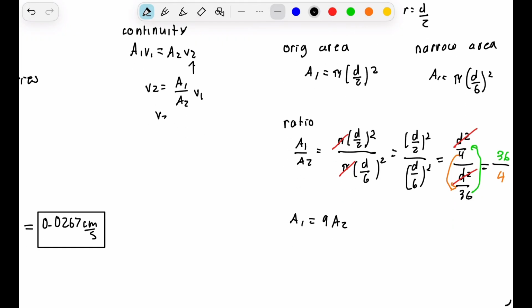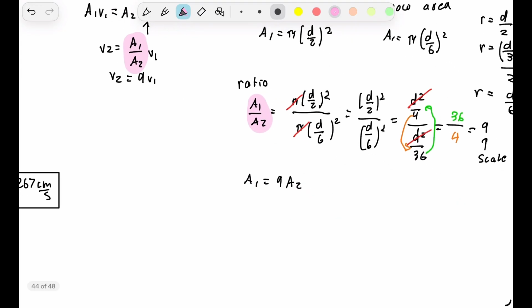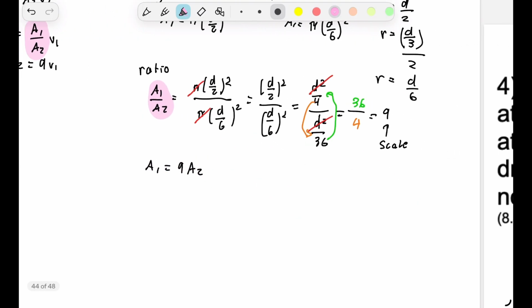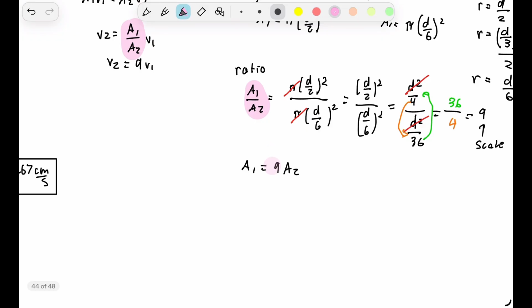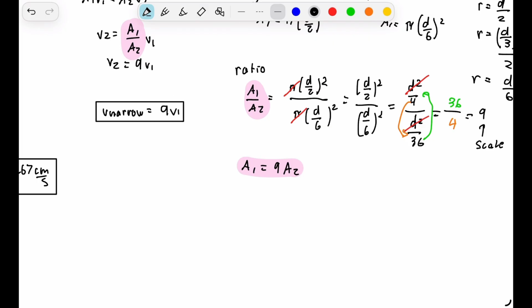A1 over A2 is a ratio that we just solved for here, and we know that it is 9. So v2 is equal to 9 v1. So v narrow, we can say, is 9 times v1, by using v narrow instead of v2.